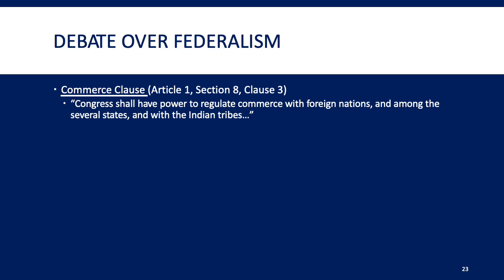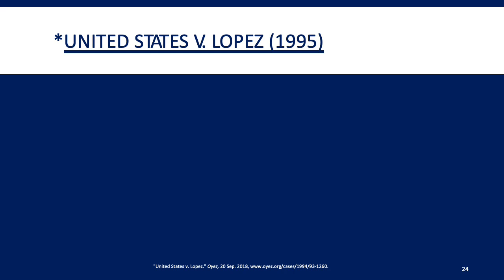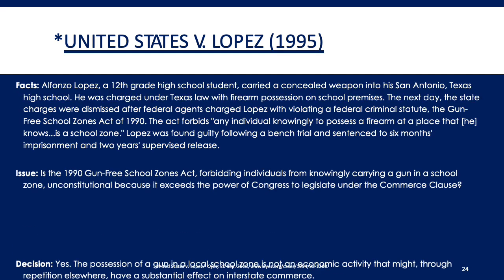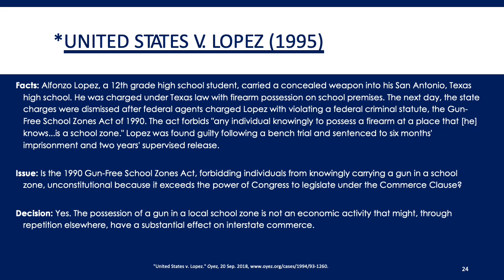And so what had occurred was, for United States versus Lopez, please write some of this information down, Congress had passed the Gun-Free School Zone Act, and it was an act to say, hey, no guns at school, because it's a school, and you could be charged with criminal statute at the federal level.